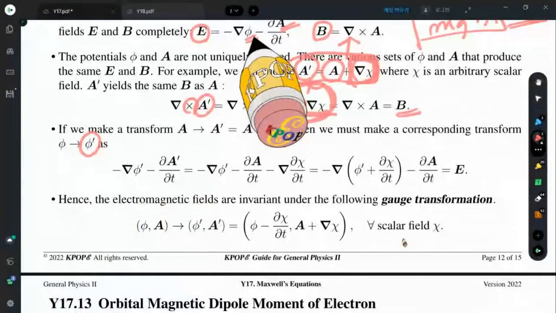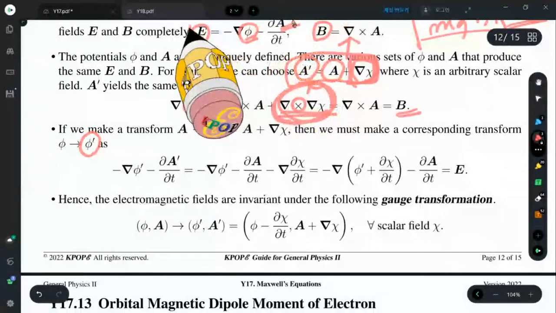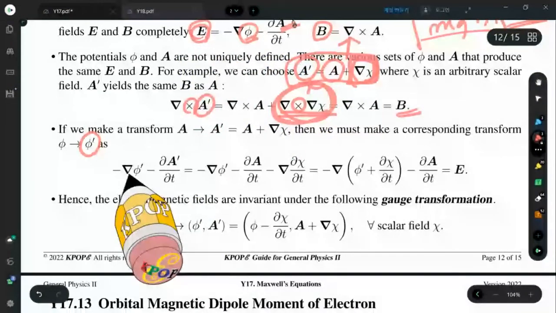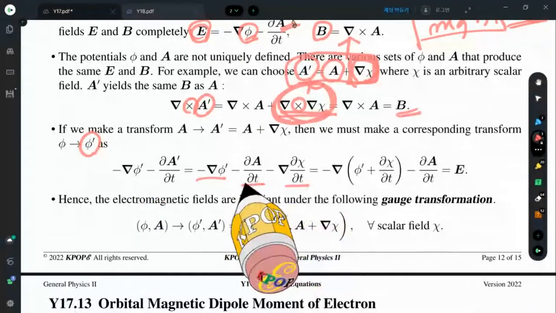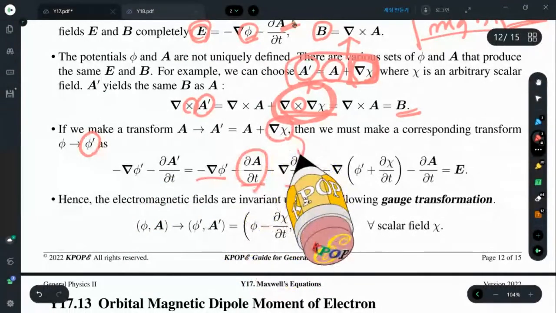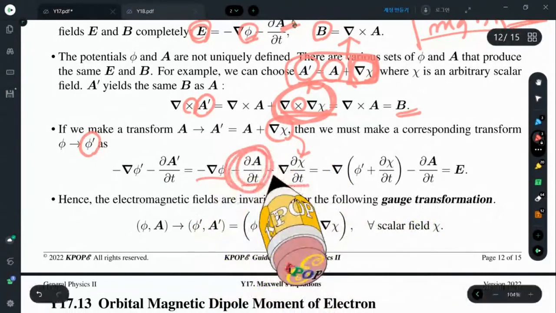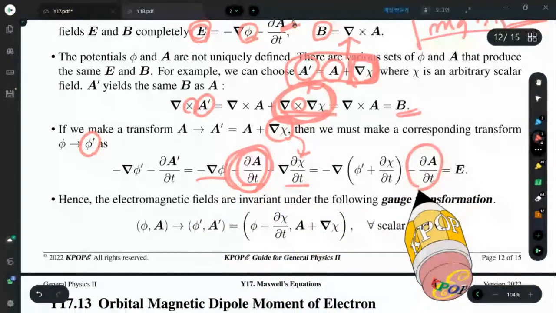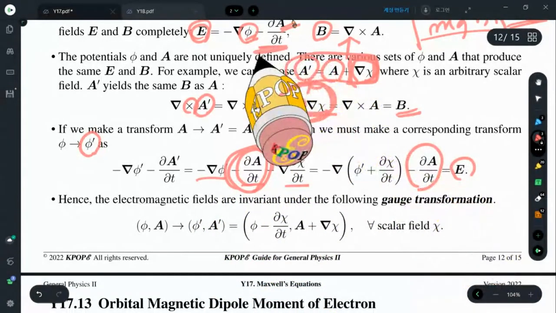Why don't we substitute phi prime and A prime to compute the electric field? Then we find these three terms. Here, this is the original one, and this is the additional contribution. Now we find that this time derivative of the vector potential is the same as the original one.